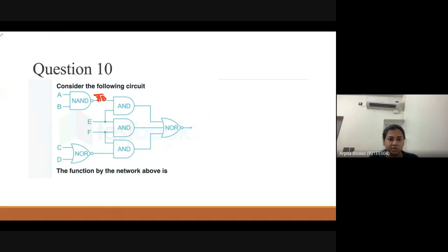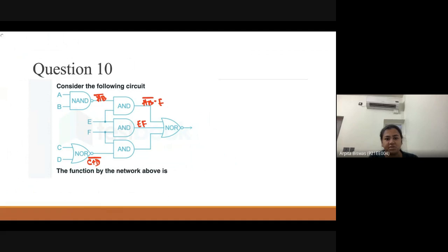So what is the output here? A B bar into E. And here E and F are passing through an AND gate. So what is coming here? E into F, right? And here C and D come out from a NOR gate, so C plus D bar.